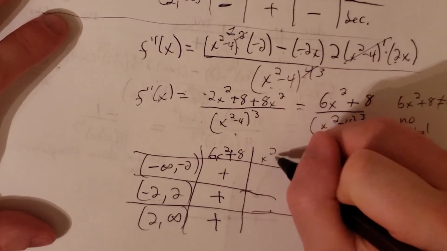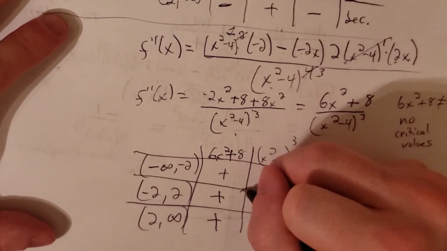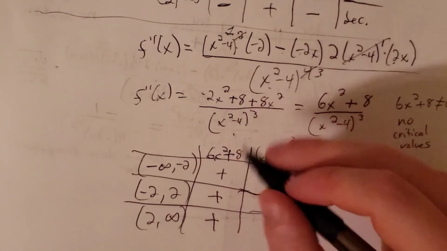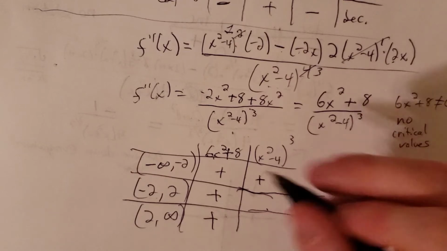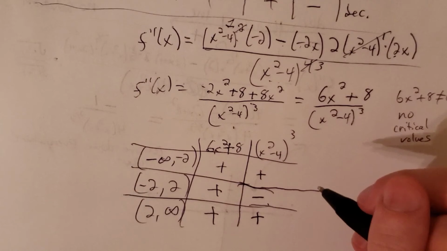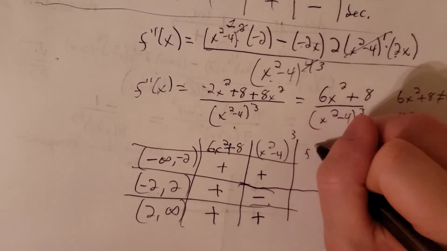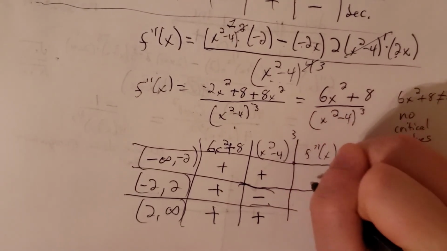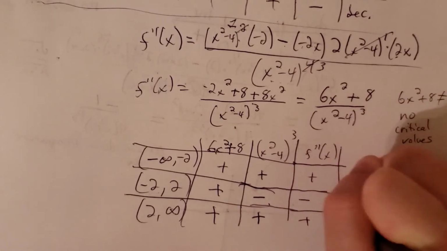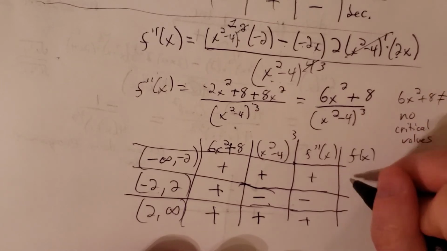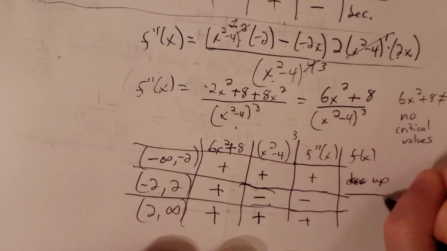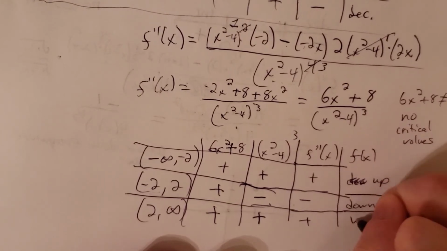And then the denominator, x squared minus 4 quantity cubed, is going to be positive between negative infinity and negative 2. It's going to be negative between negative 2 and positive 2, and positive when x is bigger than 2. So this tells us our second derivative is positive, negative, positive, which tells us that our original function is concave up, concave down, concave up.